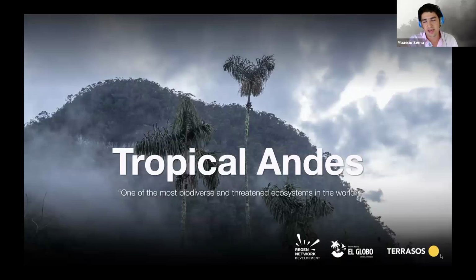So back in 2019 more or less, I'm a biologist and I went to El Globo for my first time because in the 90s the land was grabbed by guerrilla forces here in Colombia.